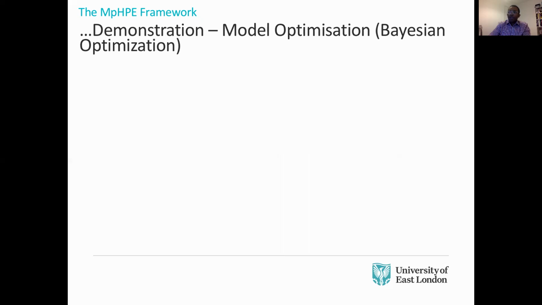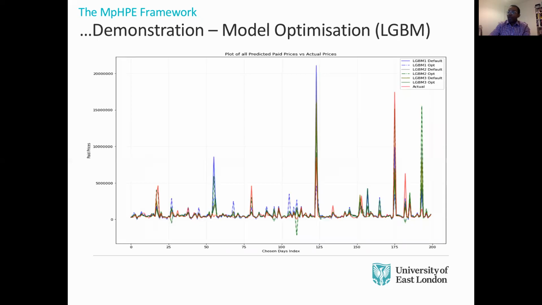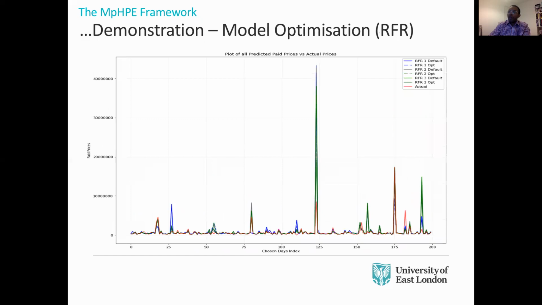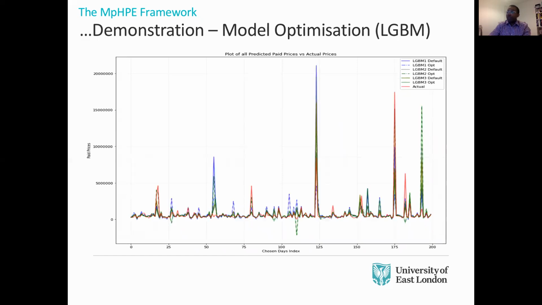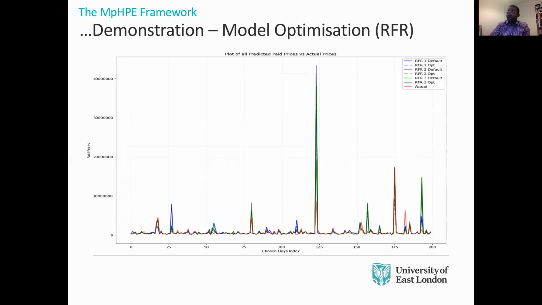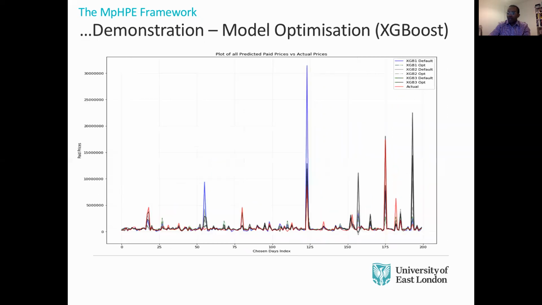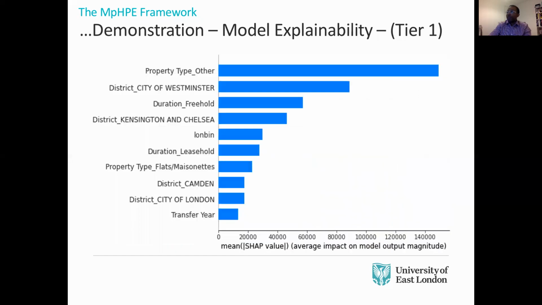And then I've explored Bayesian optimization for hyperparameter tuning. And what you'll see on screen is then the results for the optimization, but with a focus on light GBM, random forest, and XGBoost, owing to computational cost.